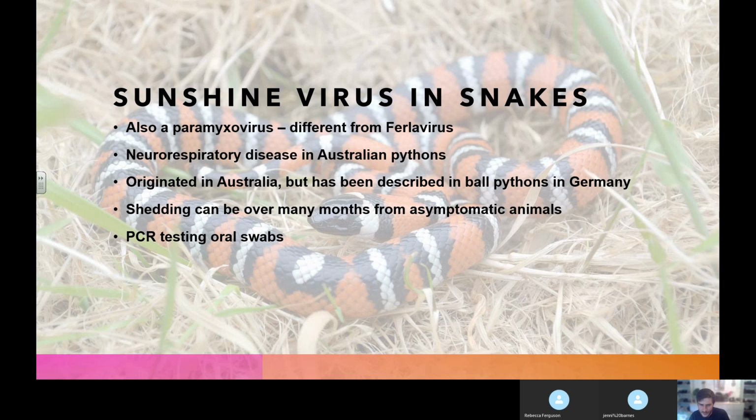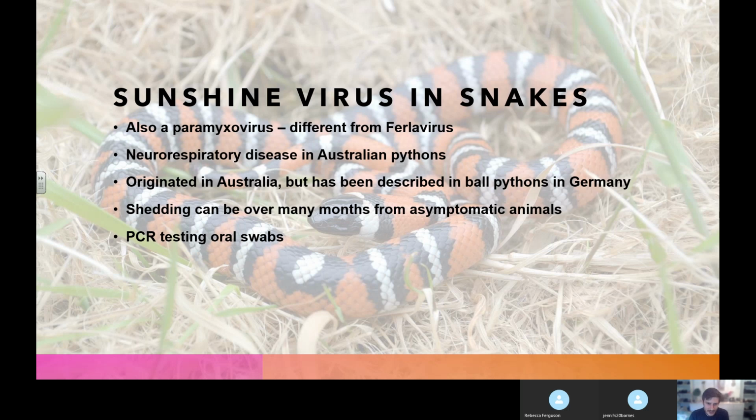Now, paramyxoviruses that affect the majority of reptiles tend to be ferloviruses. But there is one specific paramyxovirus of importance which isn't a ferlavirus, and that's sunshine virus. Sunshine virus is again a neurorespiratory disease, and this is associated mostly with Australian pythons, mostly snakes in the genus Morelia.